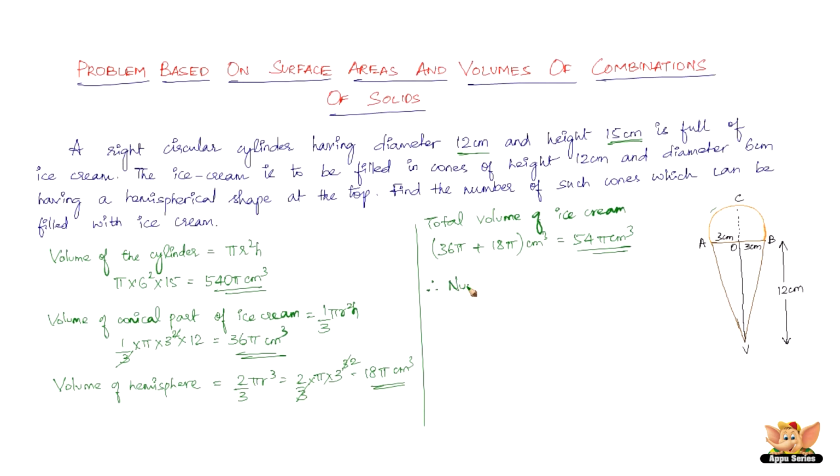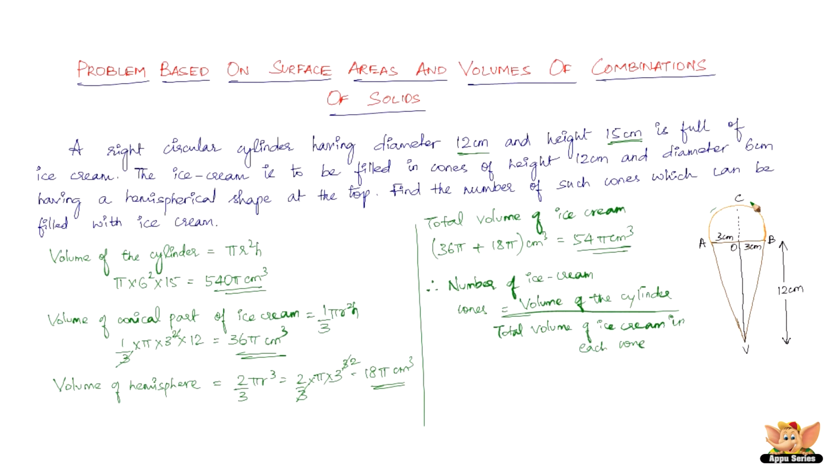Therefore, the number of ice cream cones equals the volume of the cylinder divided by the total volume of ice cream in each cone.